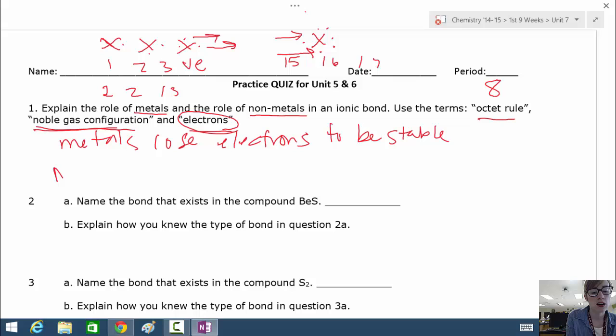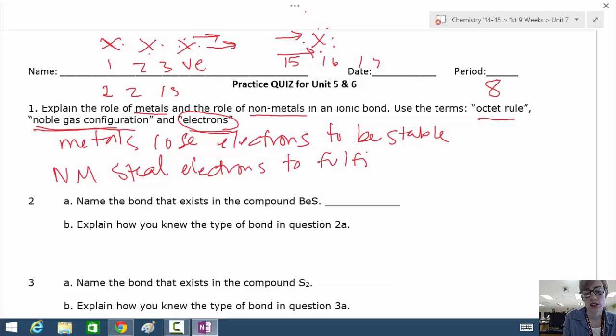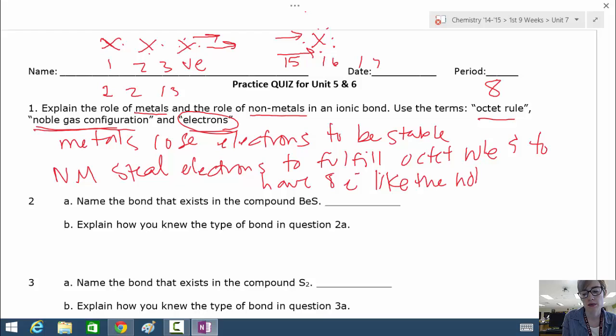And we can say nonmetals steal electrons to fulfill that octet rule and to have 8 electrons like the noble gases.